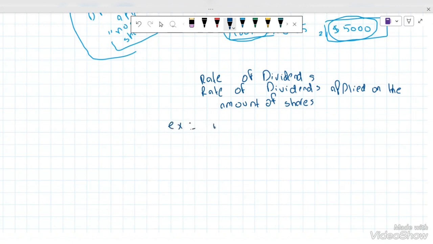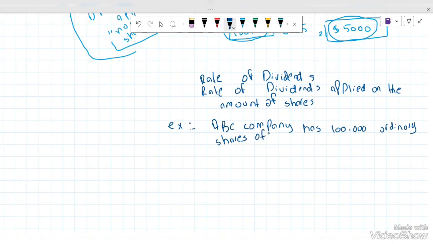For example, ABC company has again 100,000 ordinary shares, $0.5 each.